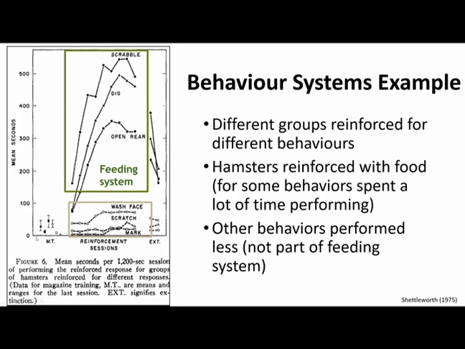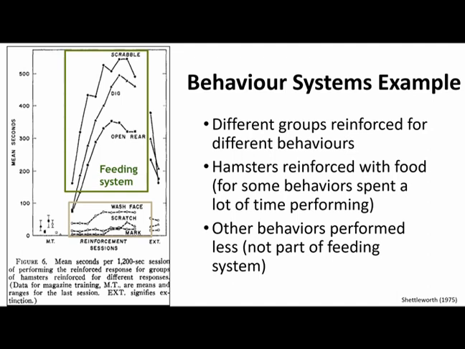So when we're looking at this graph here, we have the mean amount of time during a particular trial that they would spend doing the behavior that they were being reinforced for. And at the beginning here, this MT section is just for magazine training. It's basically our baseline, when they were being taught how to use the feeder in their operant box.